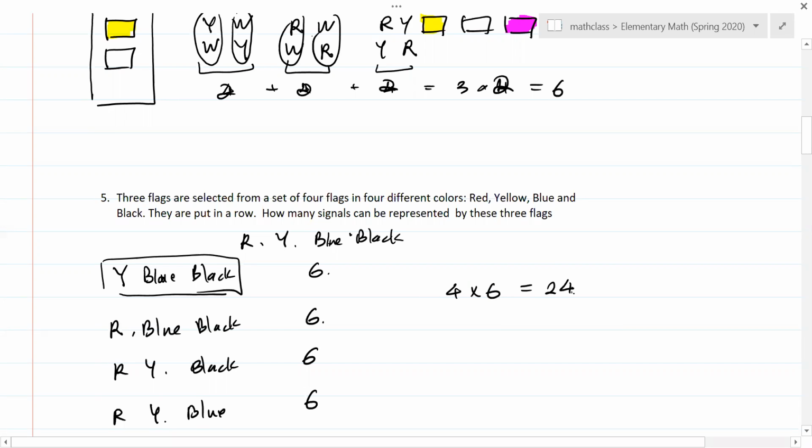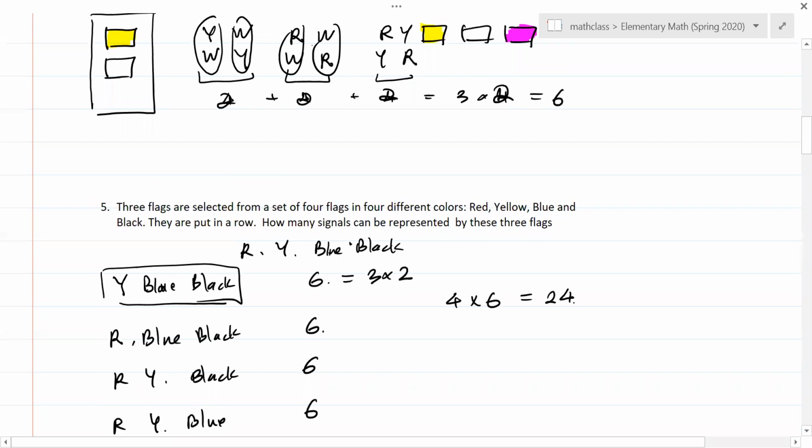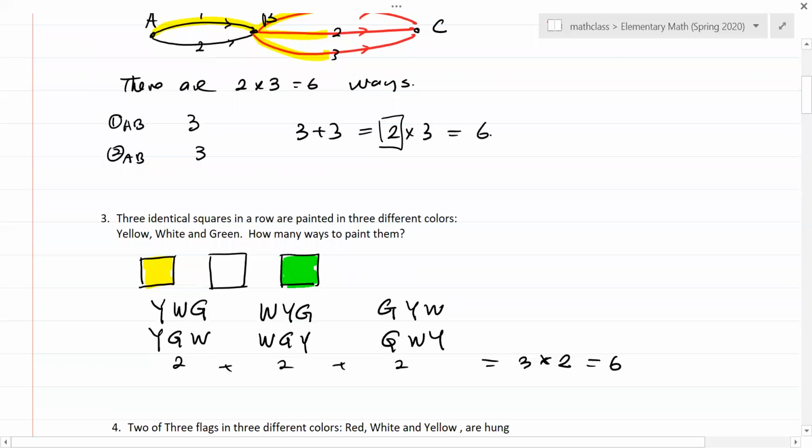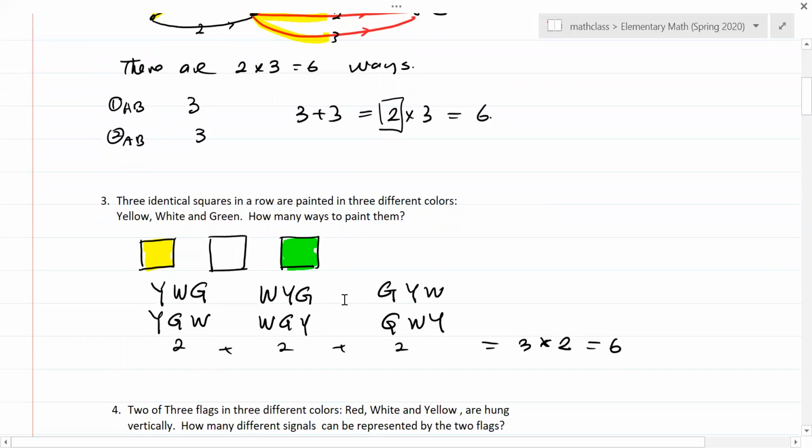Okay, so the way we do it, how to get 6? 6 is 3 times 2. Okay, I remember that. And this is getting more complicated, right? Look at this. Assuming you have 3 flags in 3 different colors, putting in a row, how many different combinations can you get? Then you end up with 3 times 2.